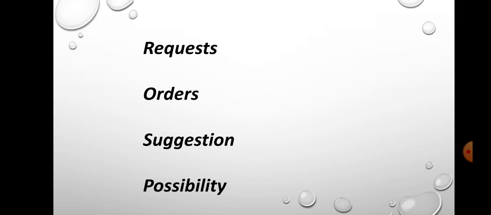Suggestion can be expressed with the help of let us, that is let's, shall I, and we plus infinitive for first person. For example, let's try here. So it's a kind of a suggestion. Then, shall we take Rakesh also? Another example, don't let's be too modest.